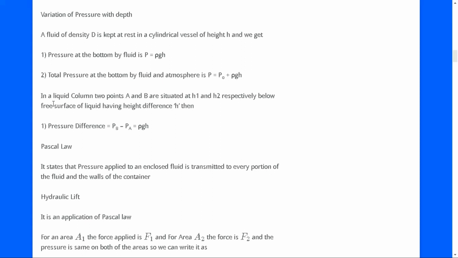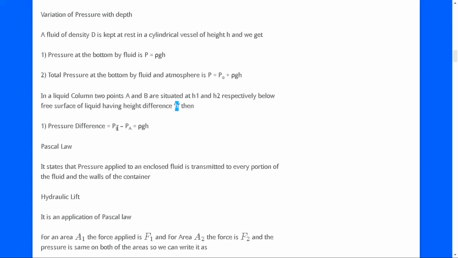Now suppose in a liquid column there are 2 points A and B, situated at H1 and H2 below the free surface. So H1 is the height from the surface and H2 is H1 plus H from the surface, having different depths.